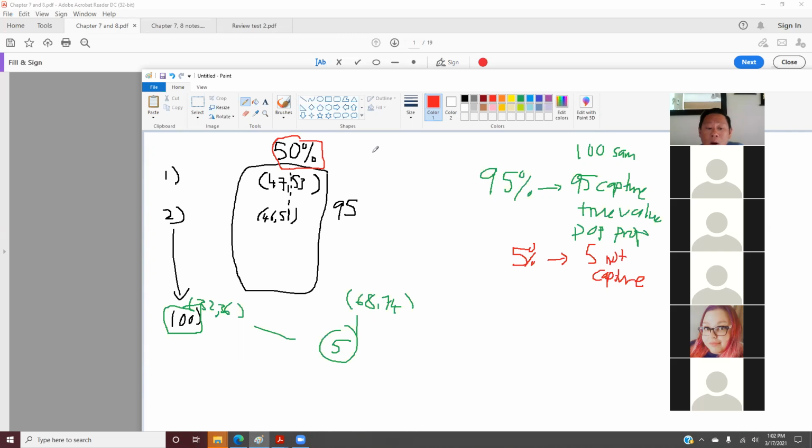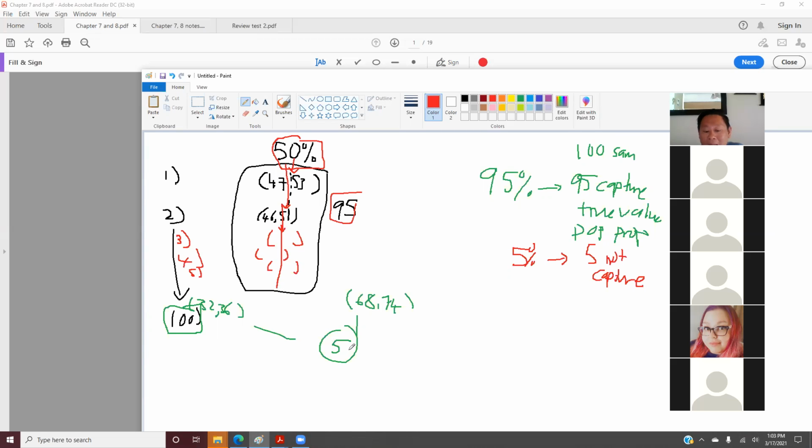So most of the time when I select 100 samples, 95 of them will capture 50%, like 47 to 53. 50% is in there, right? 46 to 51, 50%. And if I collect a third sample, it will also capture 50%. If I keep collecting, 95 of these samples will capture this 50%.